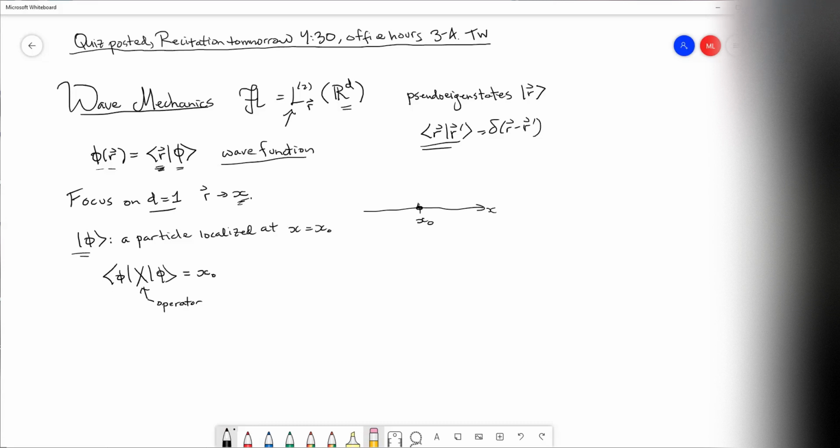And also, we can calculate the deviation of the operator away from its mean value. Remember this is the fluctuation, and that will give us some uncertainty in the position of the particle.